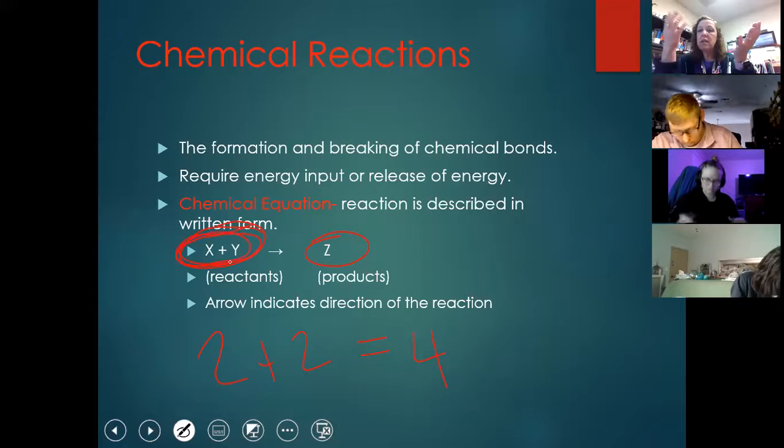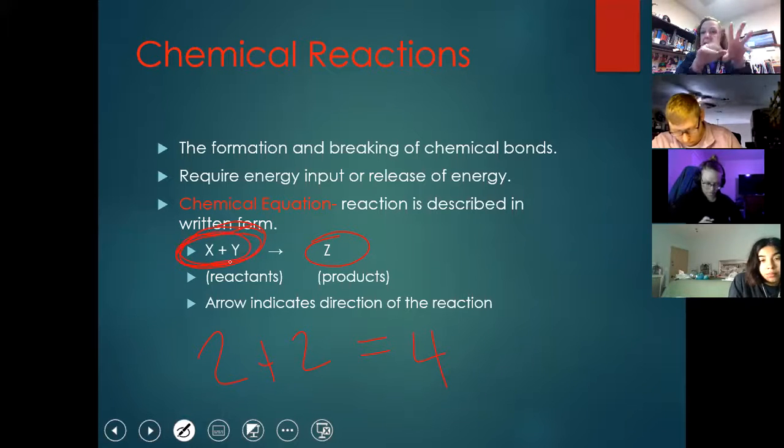I'm taking one, I'm taking the other, I'm adding them together, and it creates something new. So these are called my reactants, meaning they are reacting with each other to produce something new, the product.